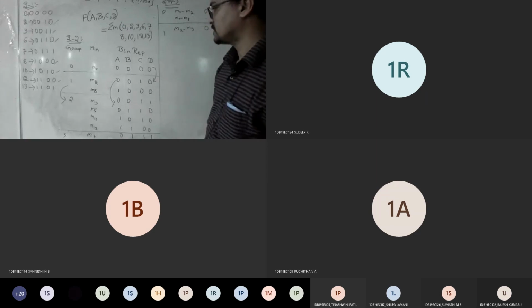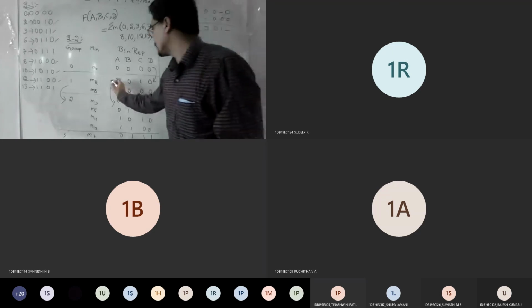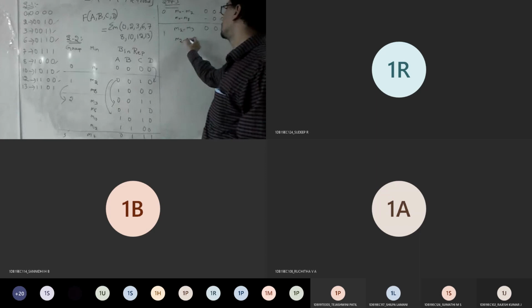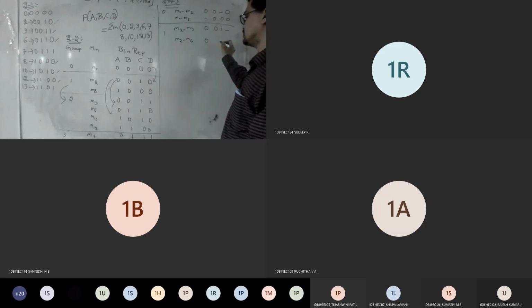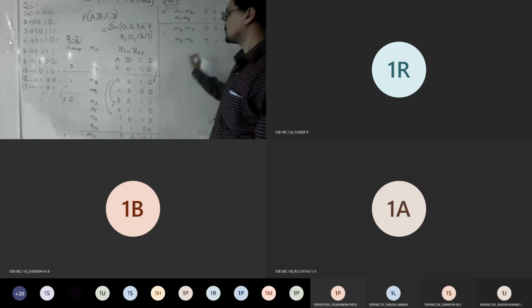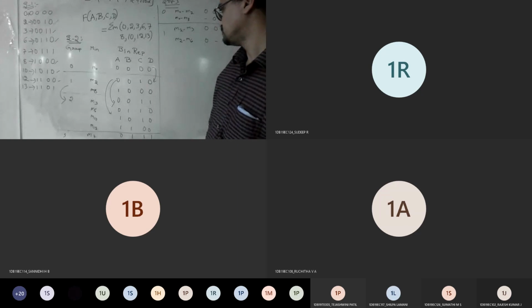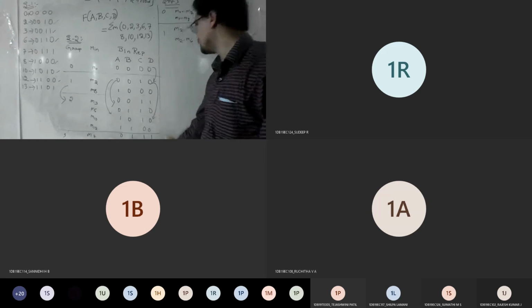Next, M2 and M6: possible? Yes, so it is 0 dash 1 0. Correct? Next, M2 with M10, is it possible?